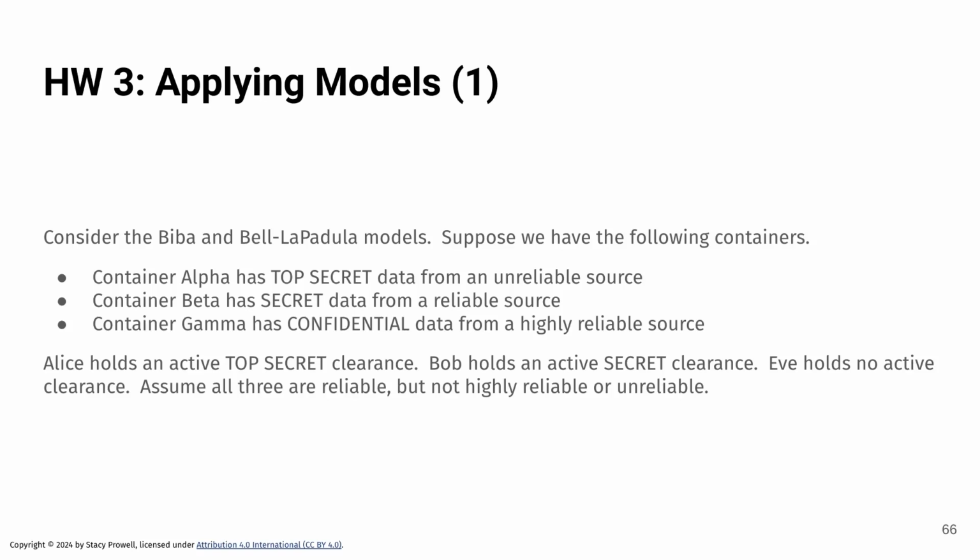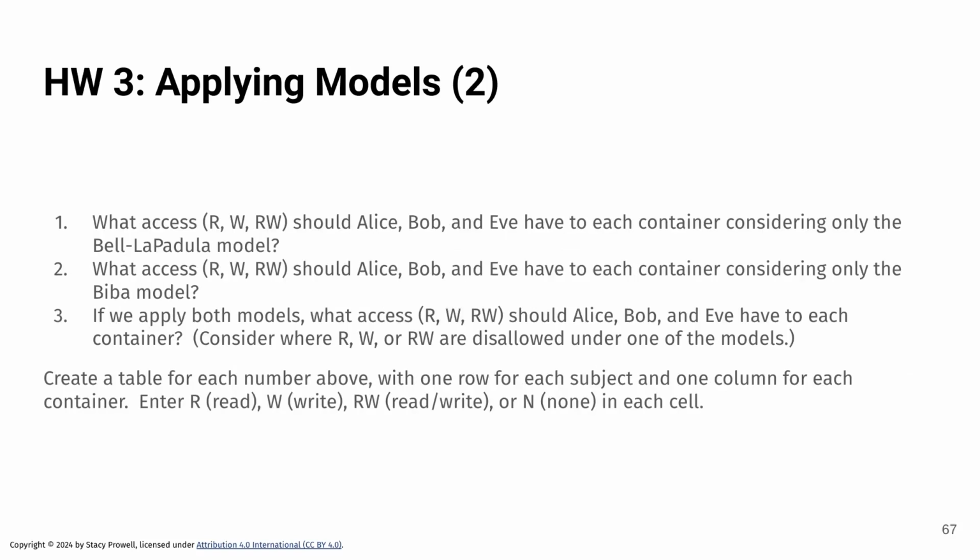Alice has an active top secret clearance. Bob is secret. Eve has no active clearance. And they are all 3 reliable, but not considered to be highly reliable or to be unreliable. And what I want you to do then is build a table for the above with 1 row for each subject and 1 column for each container.